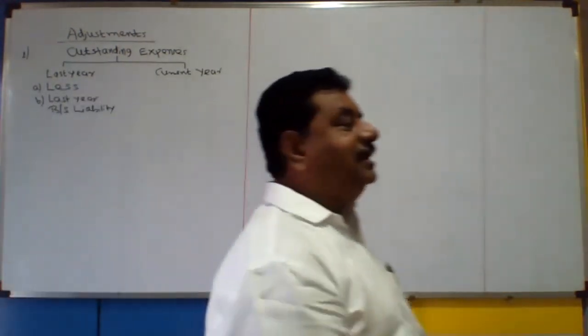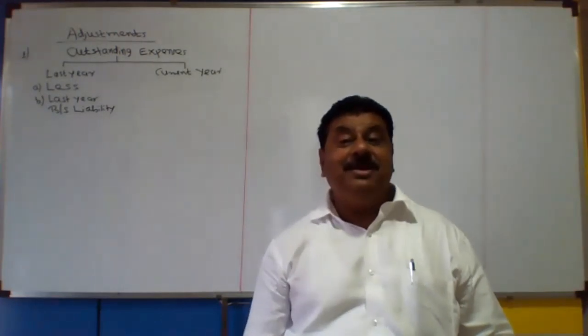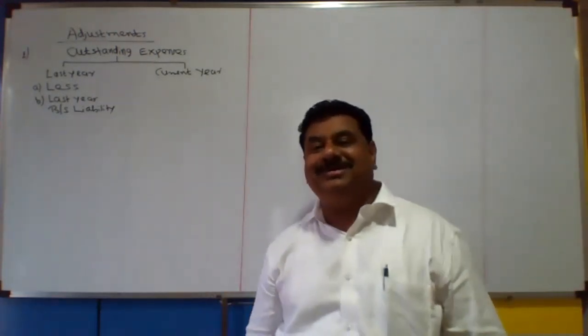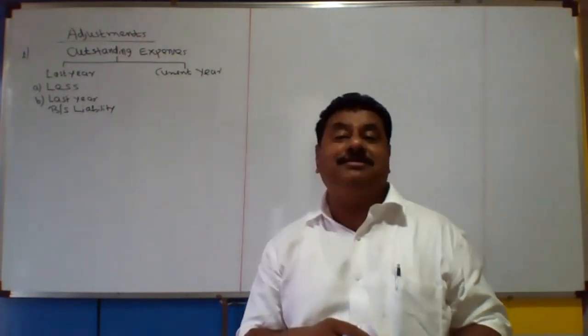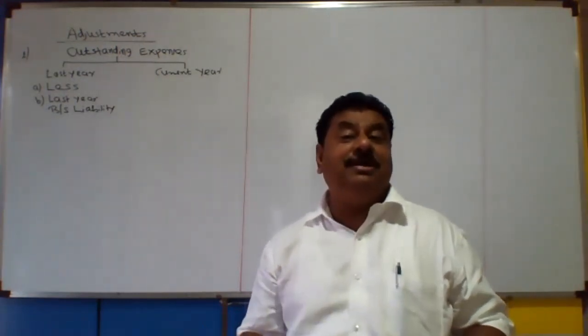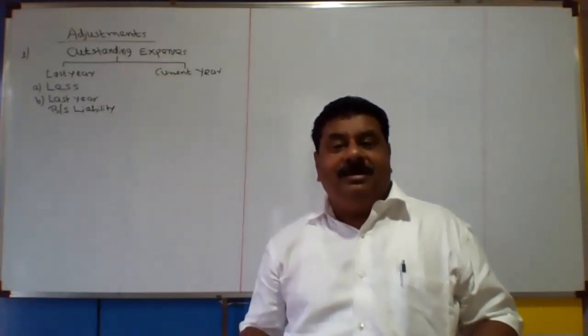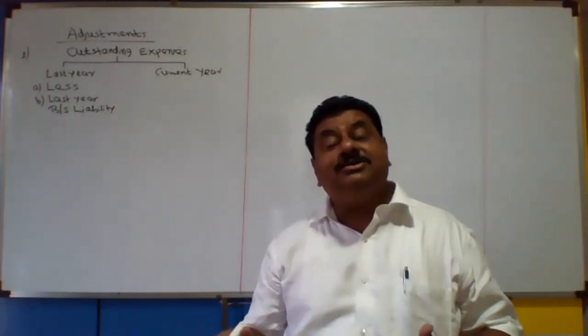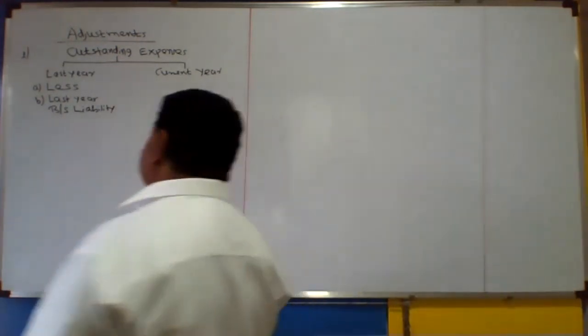We never thought that we would have to subtract outstanding, but it is the outstanding of last year, not related with the current year according to the accrual concept. So even if we paid last year's outstanding in the current year, it is related with the last year. So last year outstanding less and last year balance sheet liabilities.